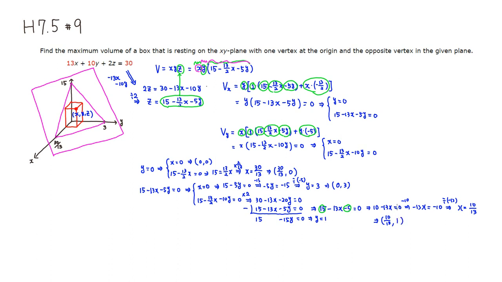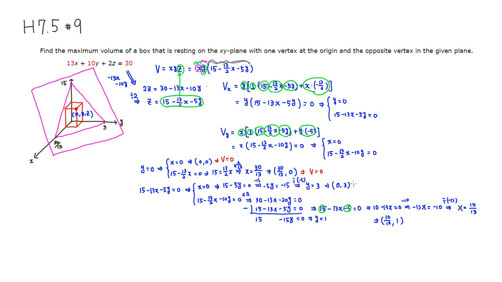All right, so we have 4 of these, and the first 3 are easy to find the volume for. At (0, 0), x is 0 and y is 0, so of course the volume is going to be 0. So this is clearly not what we're looking for. When y equals 0, the volume is 0 at that critical point as well.